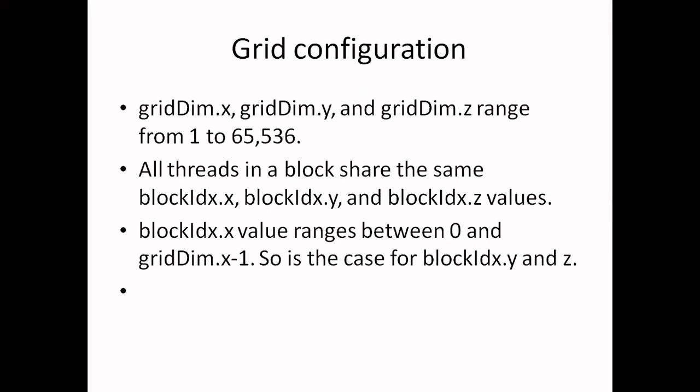Okay, for a block, you have specified the thread organization, how the threads will be organized in x dimension, y dimension, and z dimension. So for each block, the same organization of threads will be there.